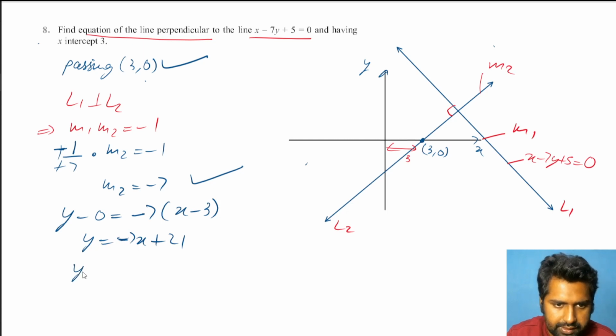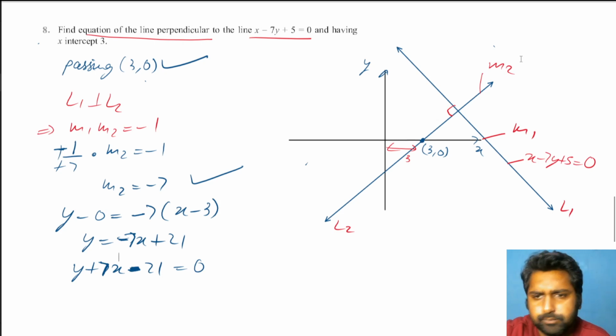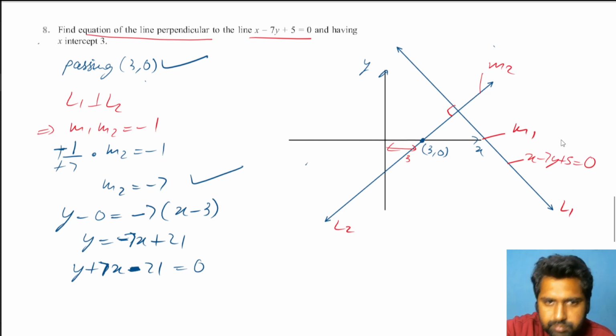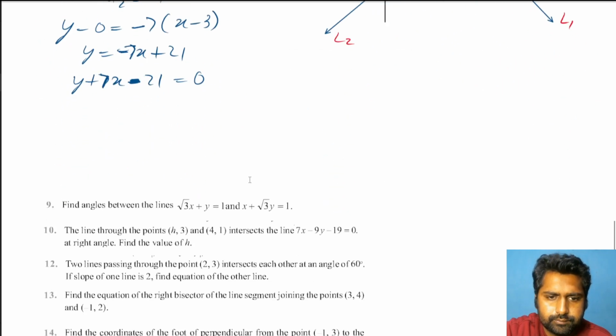So y plus 7x equal to 21, or take it to the left side, minus 21 equals 0. Done. So that was the idea. Perpendicular lines, m1 m2 equals minus 1. Get your m1, from that condition get m2. Slope you know, passing point you know, you can deal with it. Let's see more.